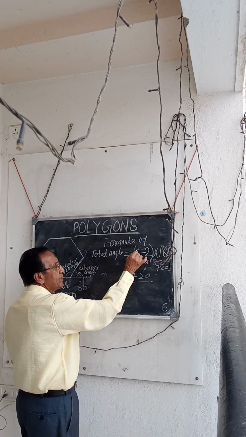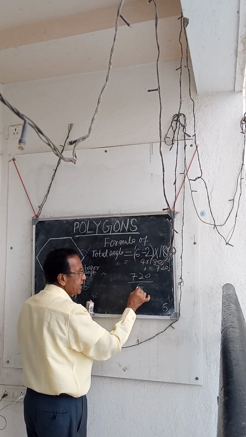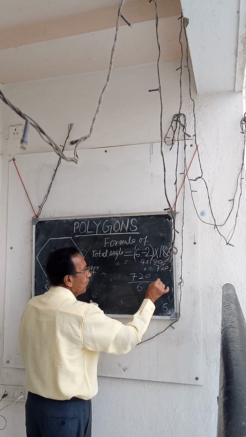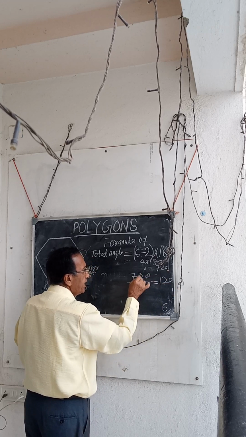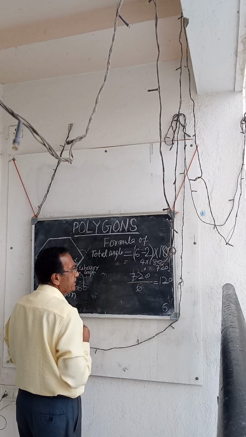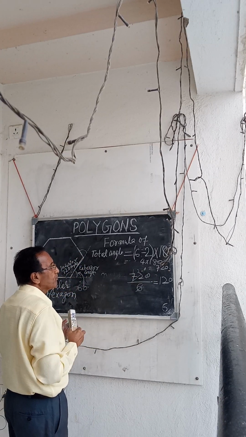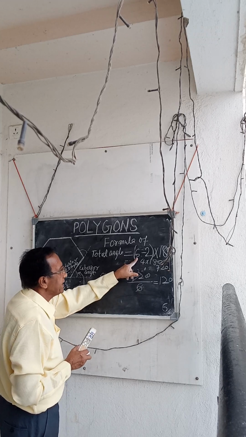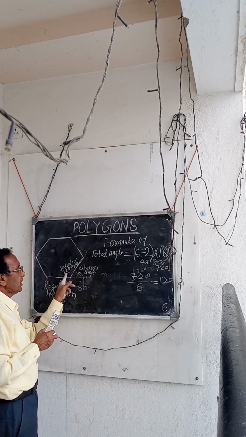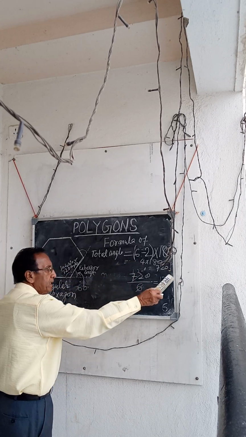Number of sides given is 6, so divide by 6. After cancellation, it will be 120. So for a regular hexagon, when the number of sides is 6, each interior angle will be 120 degrees.